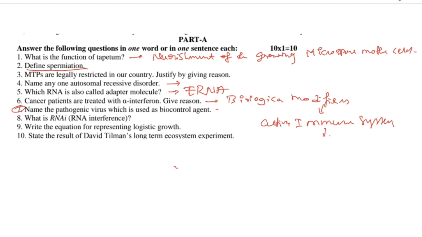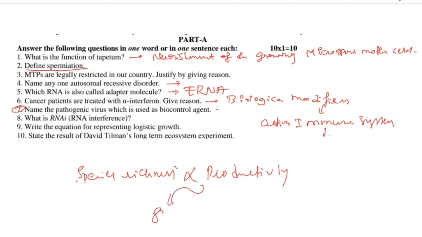In that he saw that whenever there was an increase in species richness, it was proportional to the productivity of that environment. So with that the stability was also there.